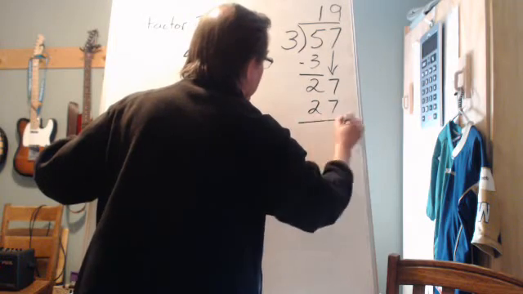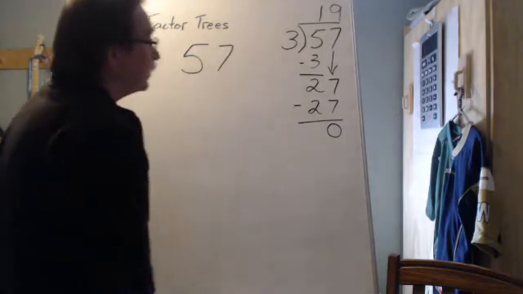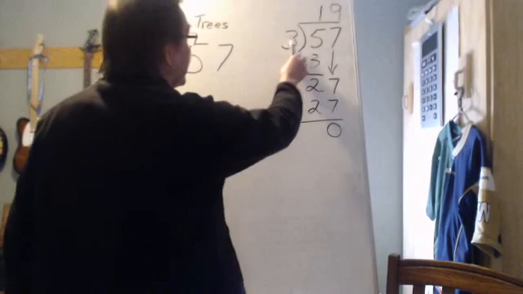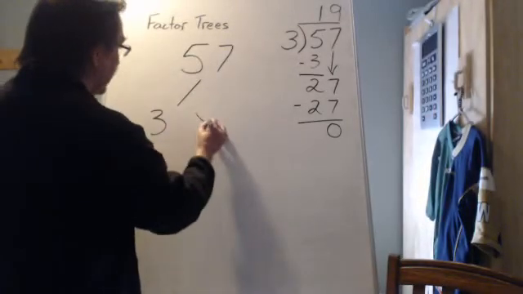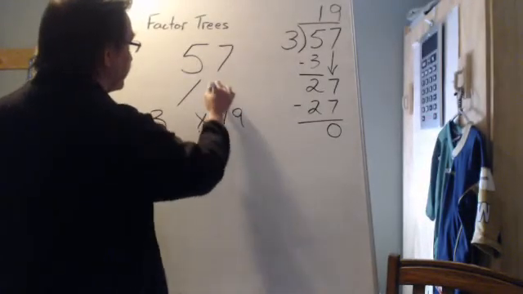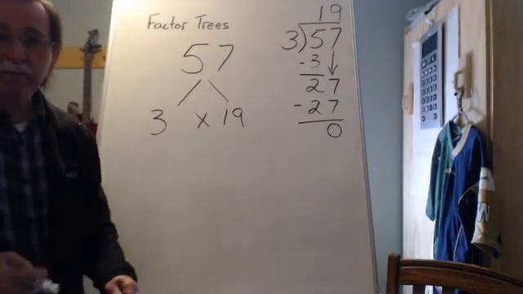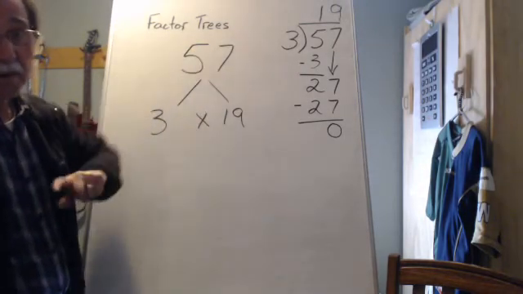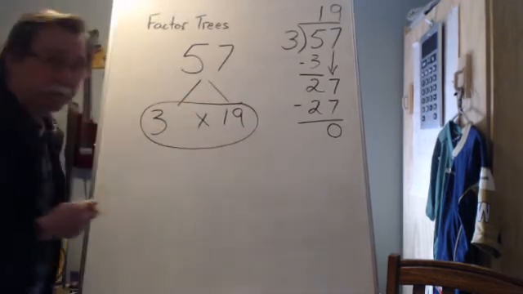Look at that. What does this tell me? It says that 3 times 19 is equal to 57. Well, how about that? And 19, that's it. It's a prime number. You might have thought 57 was a prime number, but it's not. Okay, so here's our answer right there. We're done.